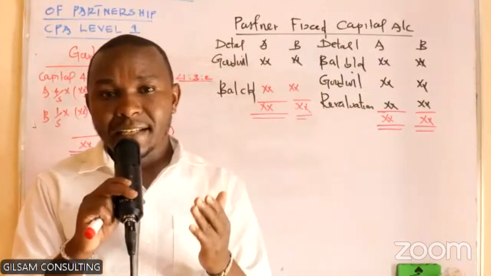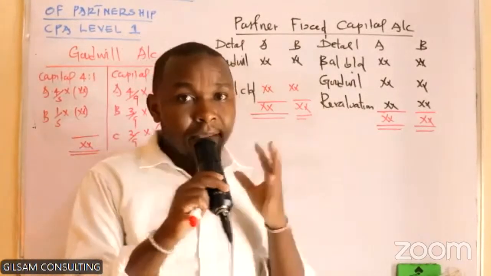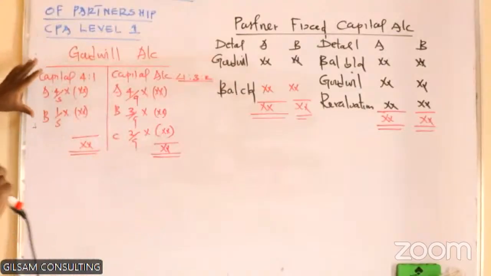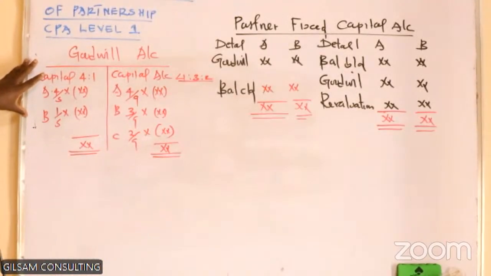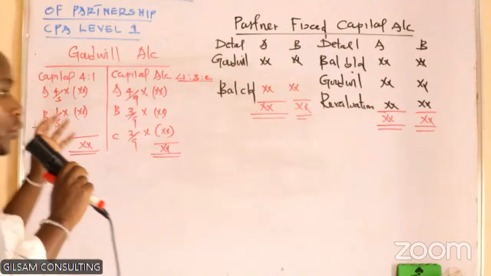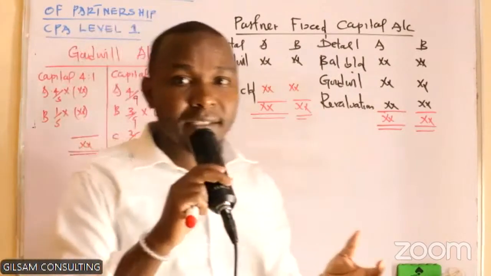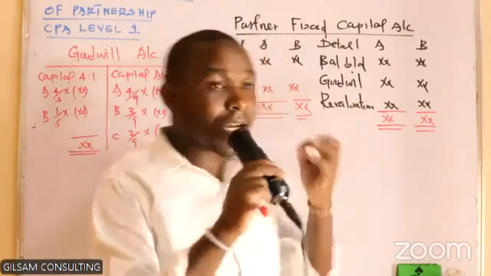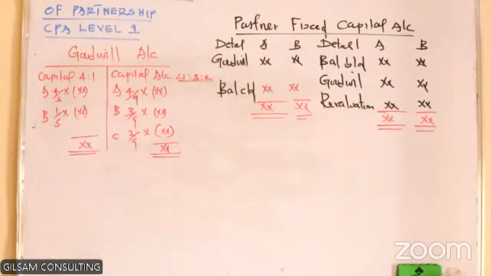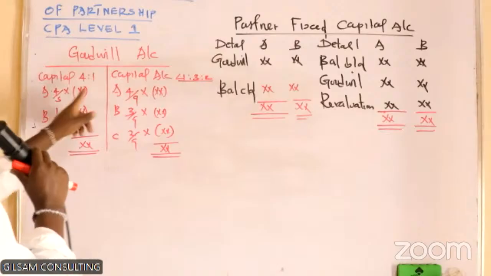If the partners decide to write off the goodwill, then you have to open the goodwill account. As we all know, goodwill is classified as an intangible asset. All the assets, what do we do? We debit.